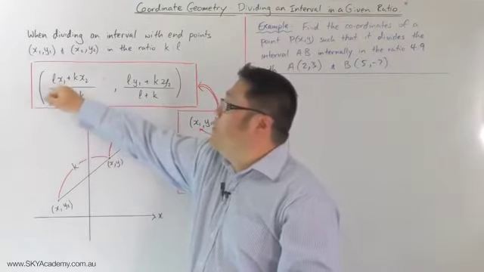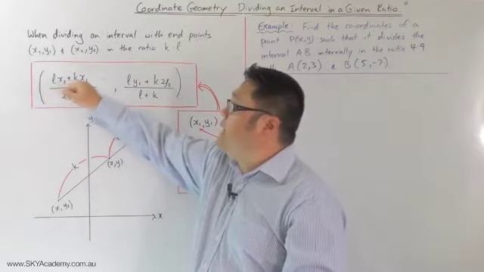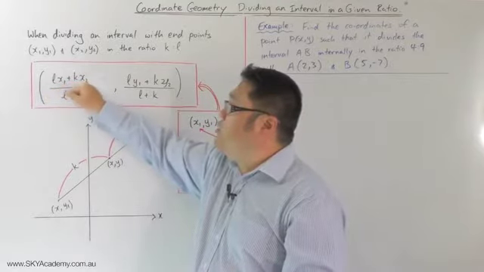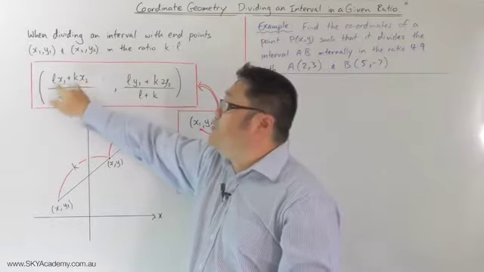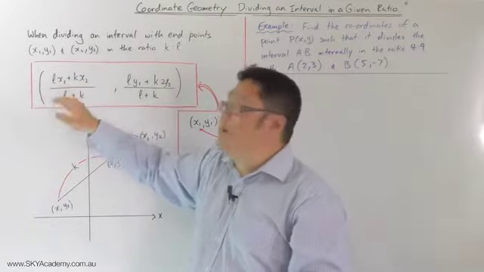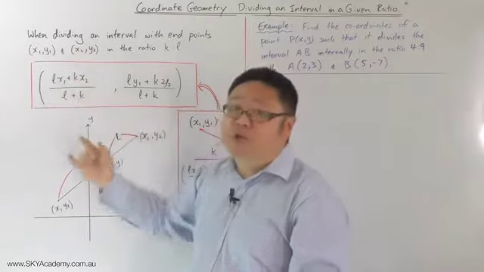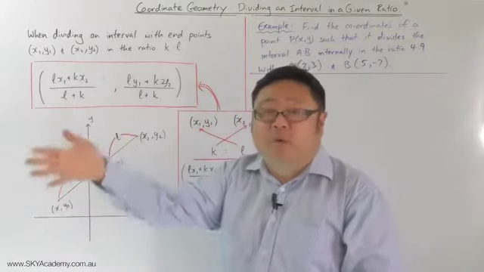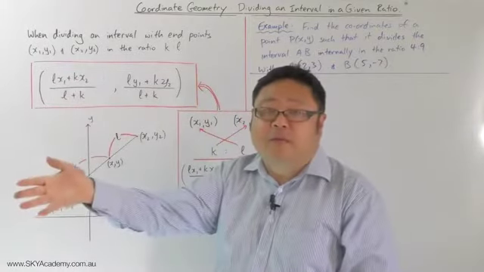L times X1 plus KX2 is the same as KX2 plus LX1. You can just interchange those two.